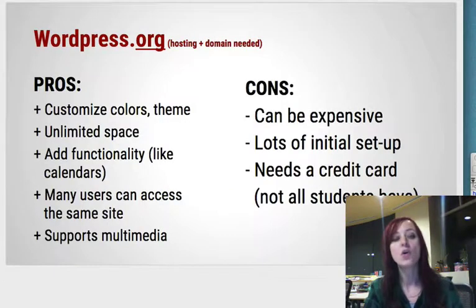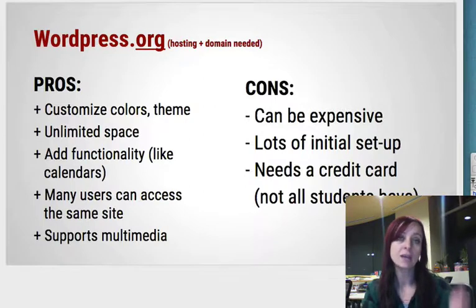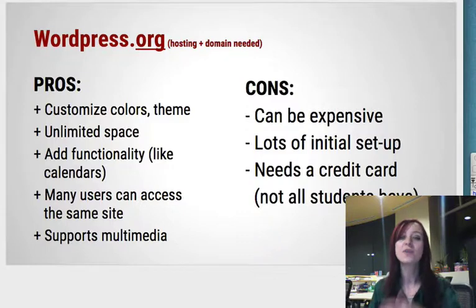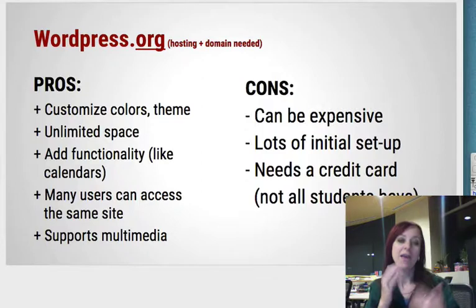And here's why. With WordPress.org, you need to buy your own hosting and domain. You guys are going to do that this week. The pros are that you can customize the theme however you want. Because you go to WordPress.org and you download the files that make the site happen, just like last week, you can change it however you want. You can change colors, you can add different themes which make it look different, you can add anything you want, really.